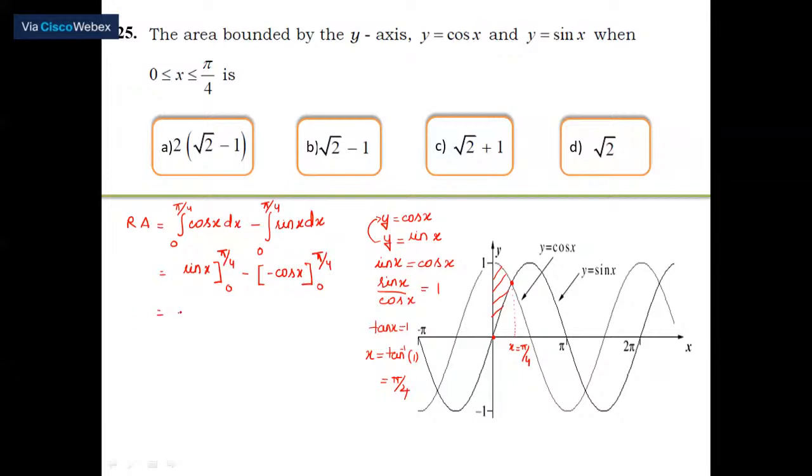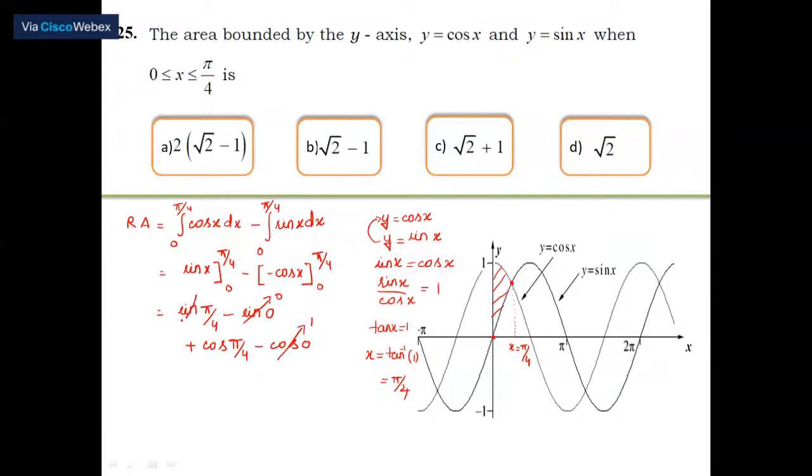Now for the upper limit, we have sin of pi by 4, and for the lower limit it is sin 0. Minus of minus becomes plus. For the upper limit, cos pi by 4, and for the lower limit, cos 0. We know sin 0 is 0 and cos 0 is 1.